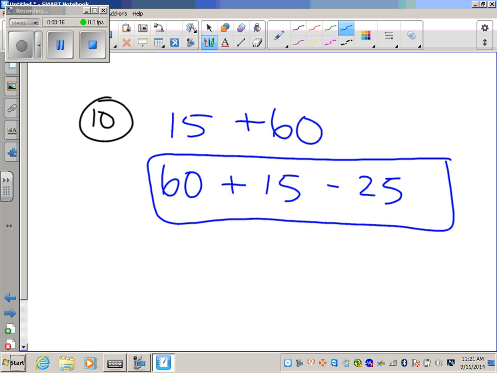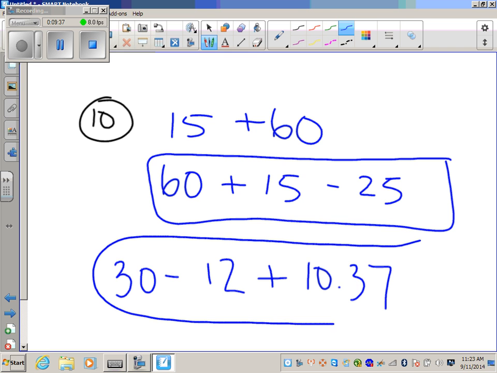We followed that same pattern. Decreased means subtraction and increased will probably not mean the same. 12 less than 30 is going to look like what? And then increased by 10.37, it's going to be adding that together.